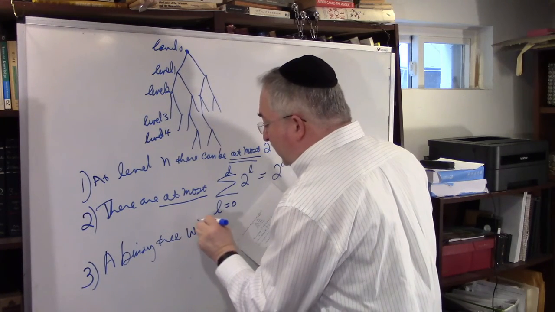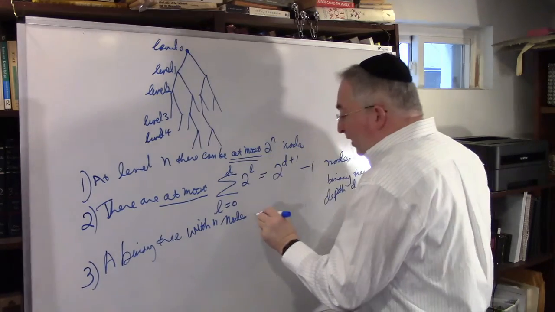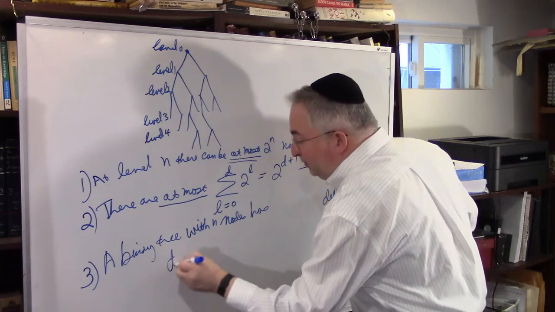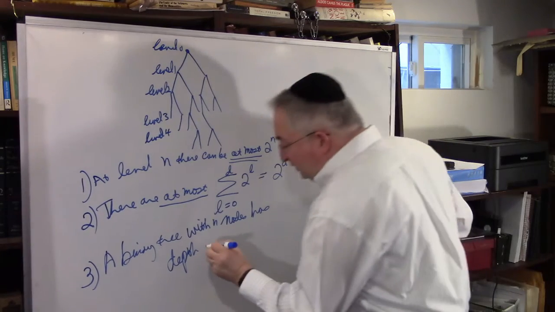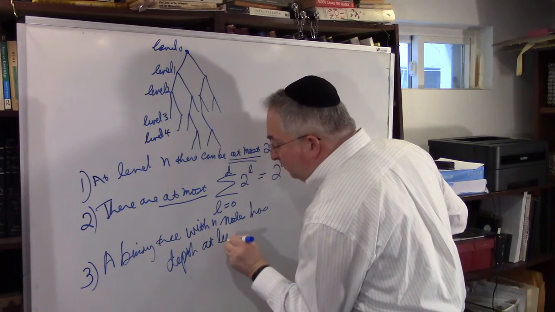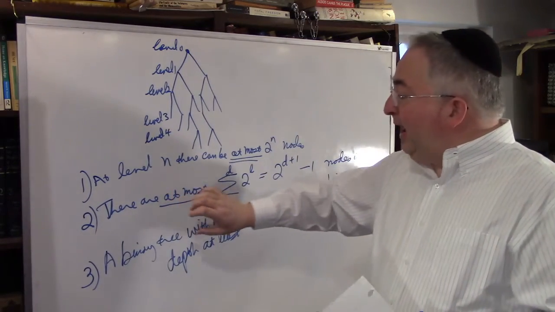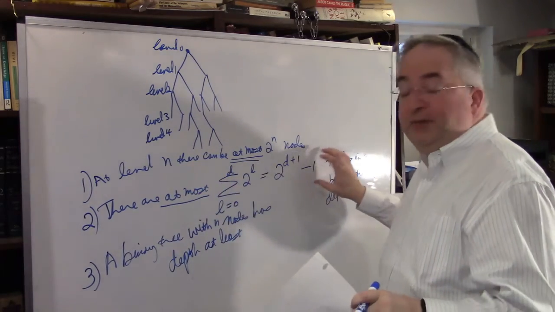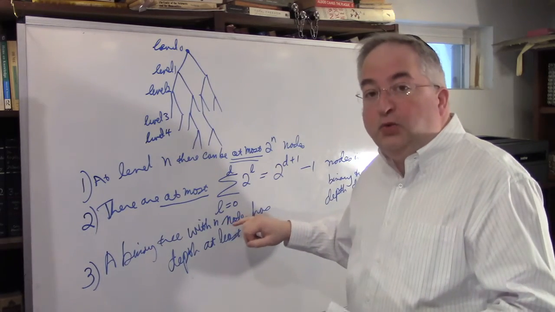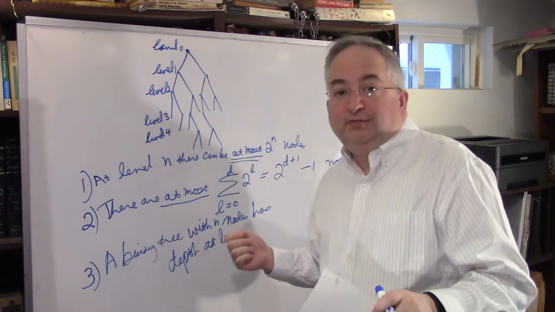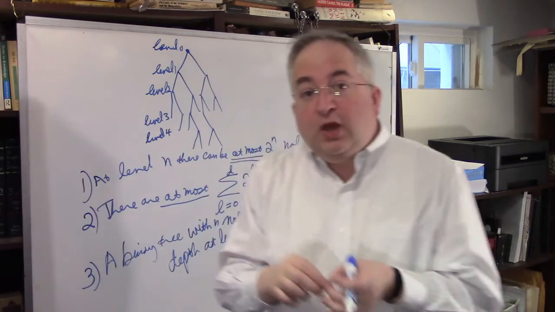A binary tree with n nodes has depth at least... okay, look, here I told you the depth and we told you how many nodes you have. I want to go the other way around. If I tell you a binary tree has n nodes, what's the depth of the tree?